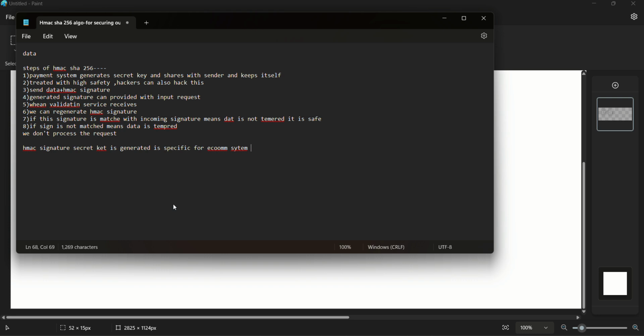If not matching, then authentication is failed. Status is failed, and we can update it on the DB. No further request can be processed.